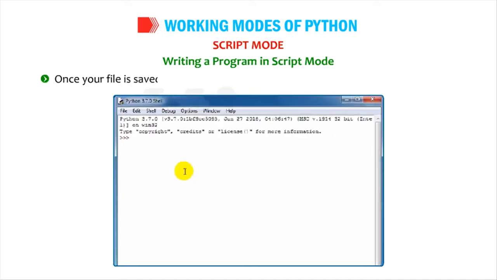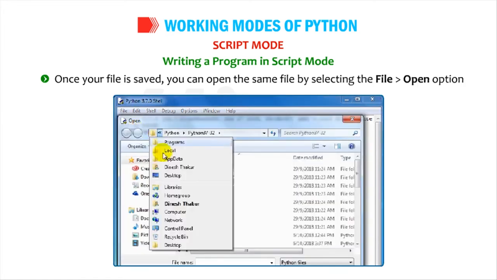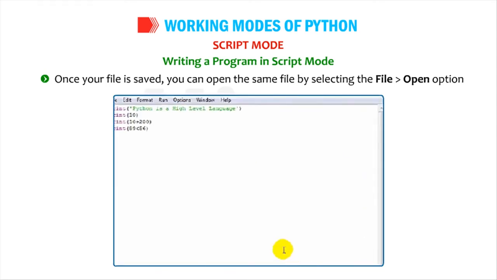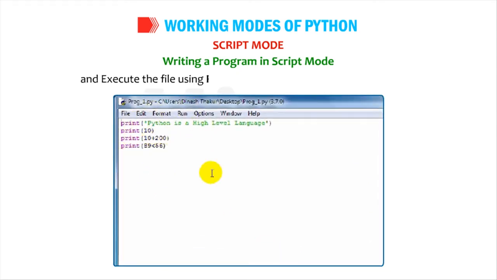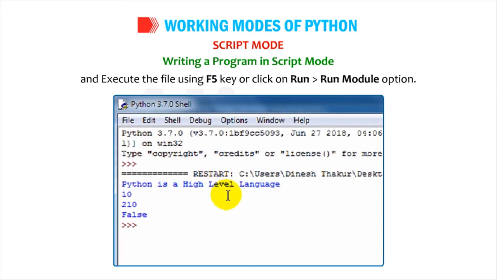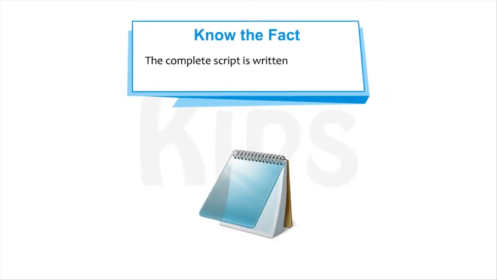Once your file is saved, you can open the same file by selecting File, then go to the Open option. And execute the file using the F5 key, or click on Run, then go to Run Module option. Know the fact that the complete script is written in an editor such as Notepad in Windows.